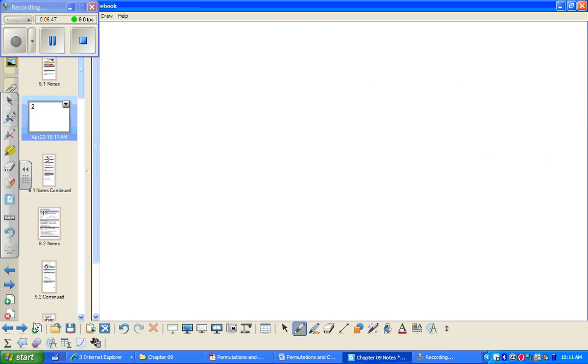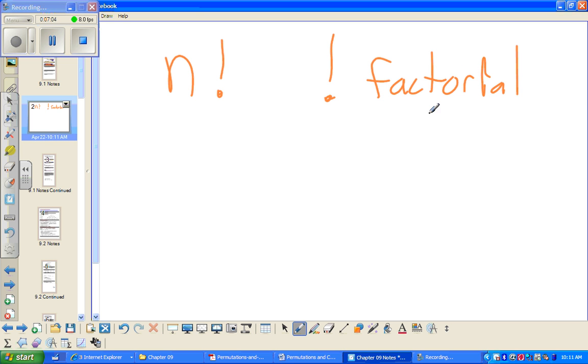Kind of a side note here, what does n factorial mean? Well, this, what you used to know as an exclamation point or exclamation mark, it actually means factorial. So if I said 5 factorial, that would be the same as saying 5 times 4 times 3 times 2 times 1.